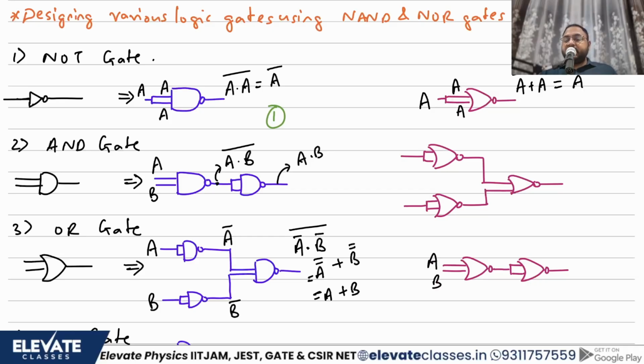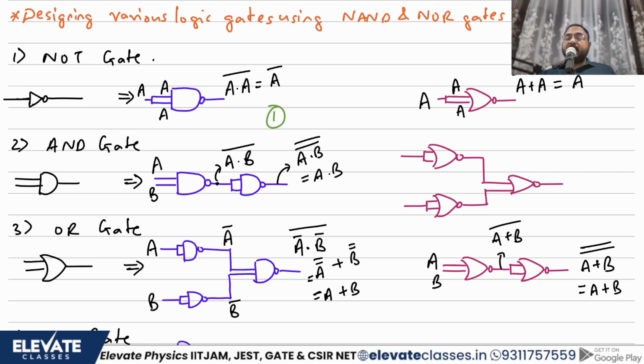You take a NOR gate. The output over here will be A plus B complement, but I only want A plus B, I don't want the complement. So use an inverter and this will become A plus B. That's it, because there will be a double complement.